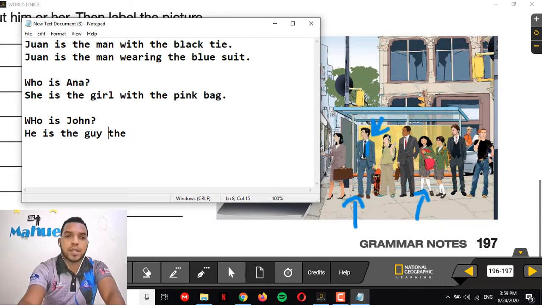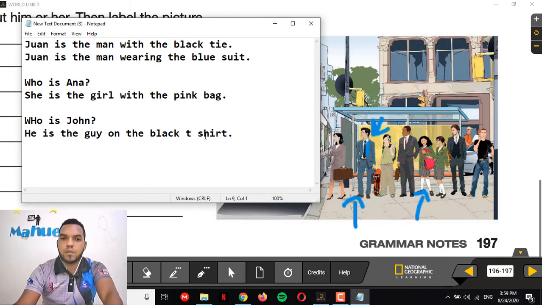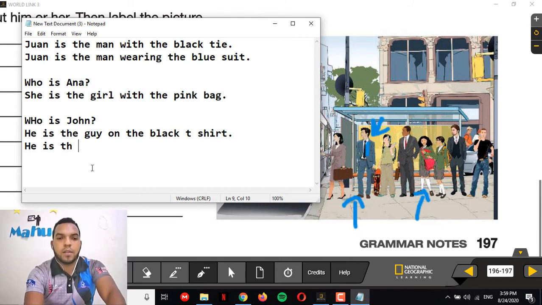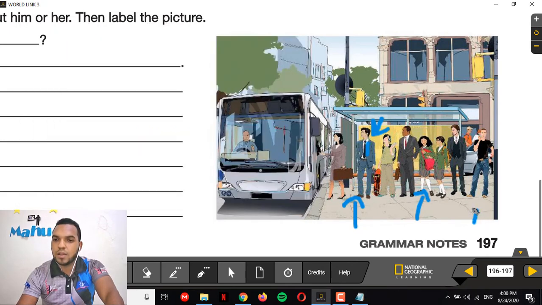For example, he's the guy in the black t-shirt. Or in jeans. So he is the guy in jeans. I look for the man in jeans. This one is not jeans. Okay, here it is. This is jeans.